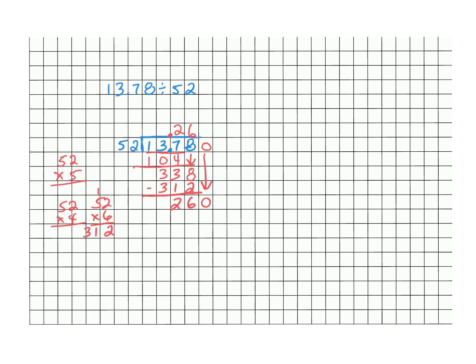Well, once again, if you go through and do the math, you'll find that there are 5, and 52 times 5 is 260. So I get a remainder of 0. So the final answer to my problem is .265. And once again, I would probably put a 0 in front of that decimal point to get 0.265.